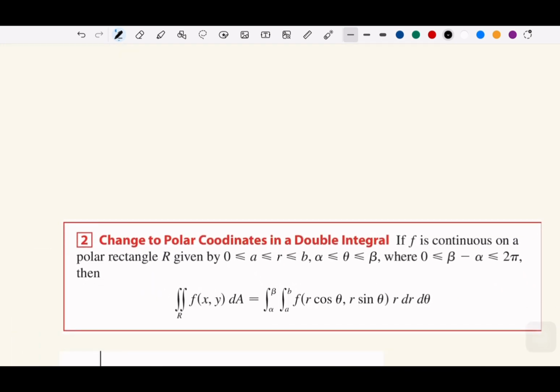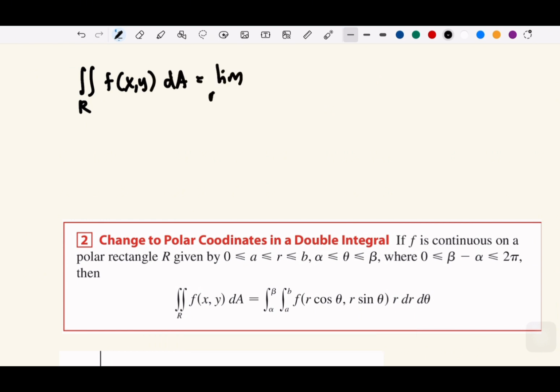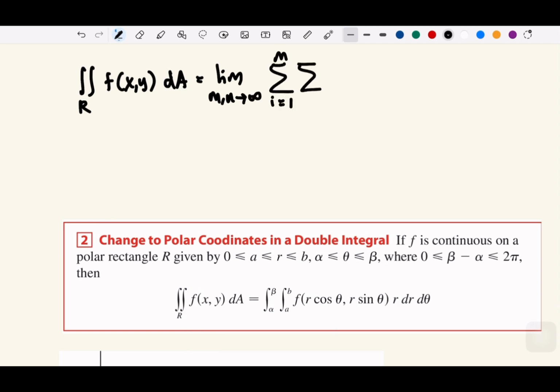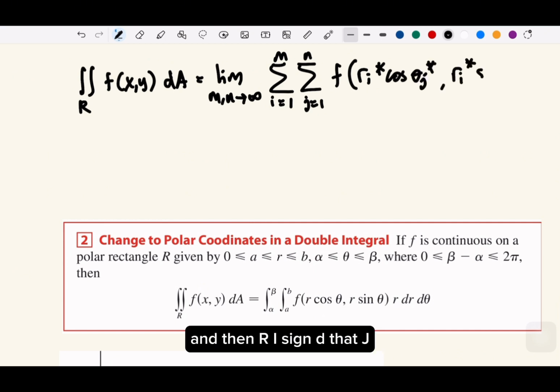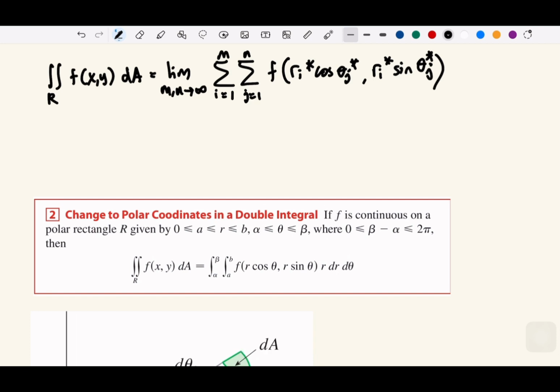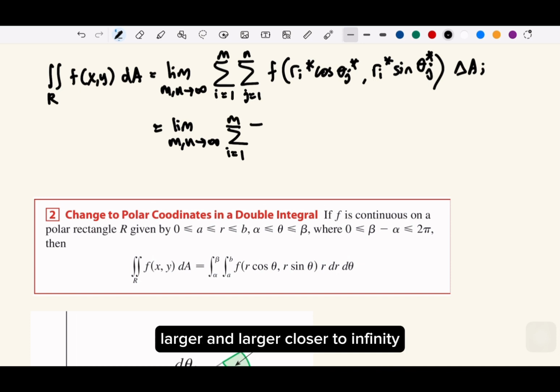This double integral of f(x, y) dA can be written as the limit of f at the sample point, r i cos theta j, and r i sine theta j, which means that x y is converted to polar, and then delta A i, as the limit as we cut the rectangles more and more, closer to infinity.